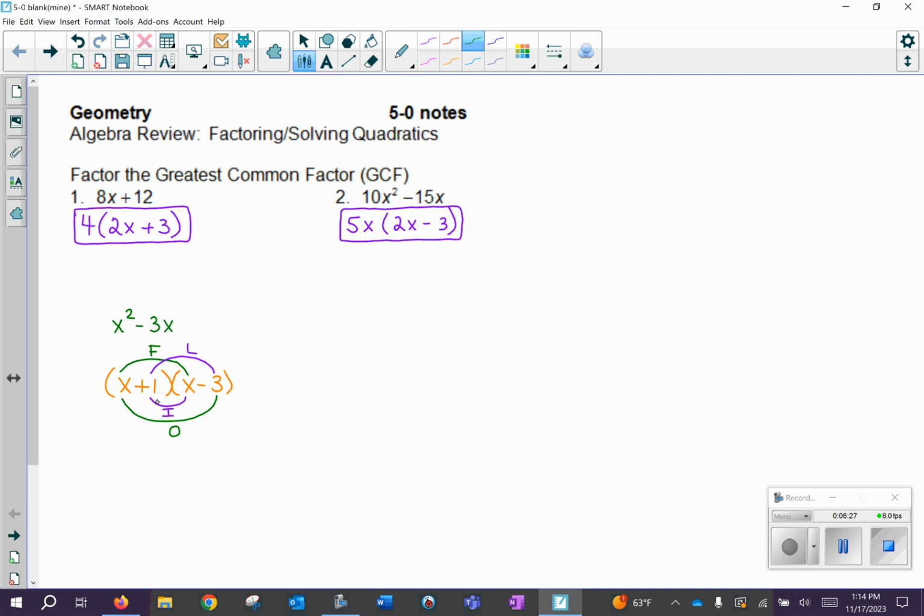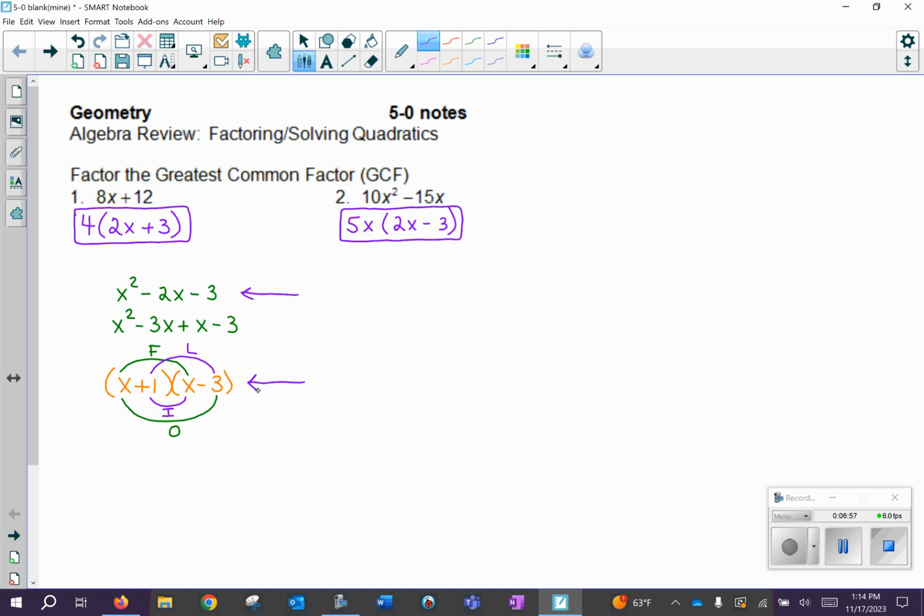The inner would give you plus 1x, so we'll just write plus x. And then the last, those two, would be giving you -3. And if you combine like terms, you'd have x squared minus 2x minus 3. Okay? So what are we doing in these notes? We are literally trying to ask you, if we gave you this, what would this part look like?